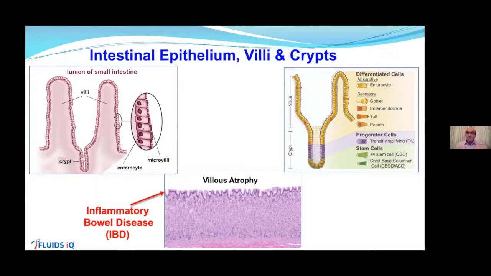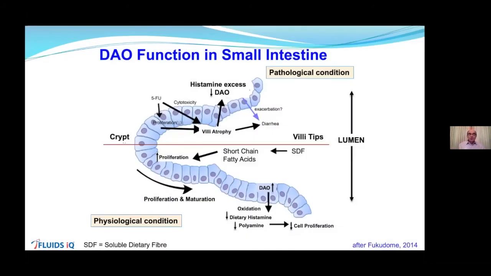And they are normally very beautiful long fingers, unlike what you see in inflammatory bowel disease, IBD, where you don't have them. It's completely flattened out, which is one of the big problems in IBD, that it doesn't have the capacity to properly control the kind of thing that DAO would normally control.